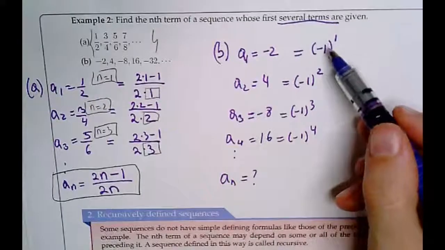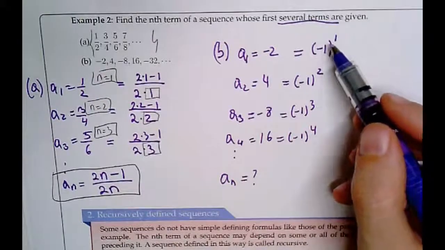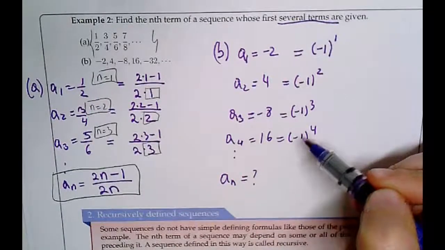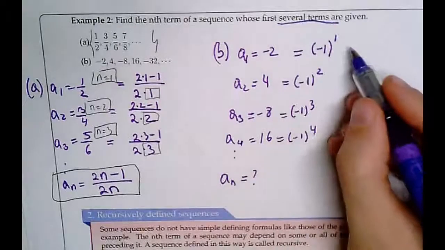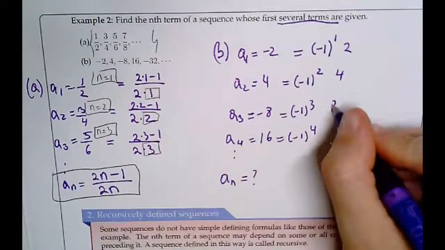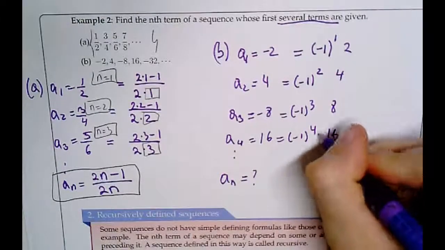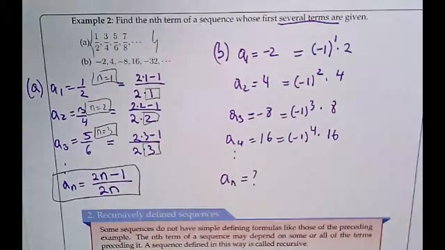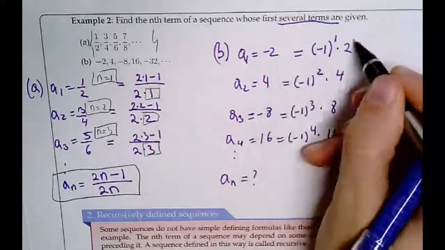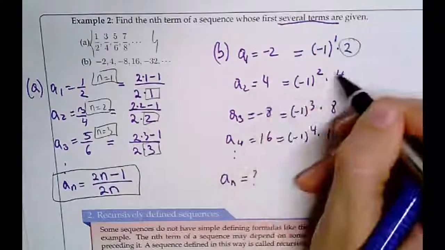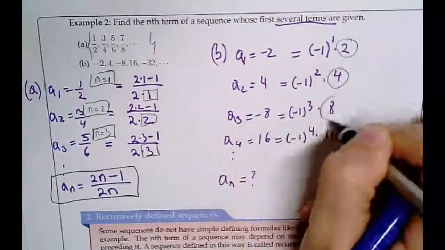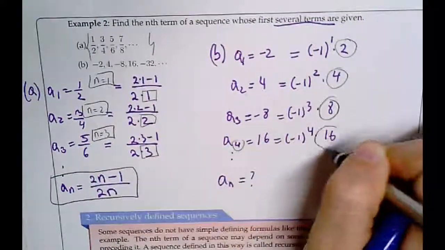So this ensures that the sign is negative, positive, negative, positive. And then what do I have left? 2, 4, 8, and 16. So when n equals 1, I have 2. When n equals 2, I have 4. When n equals 3, I have 8. When n equals 4, I have 16.